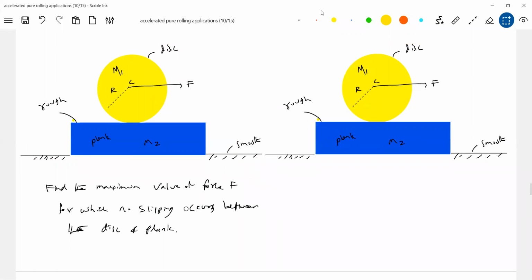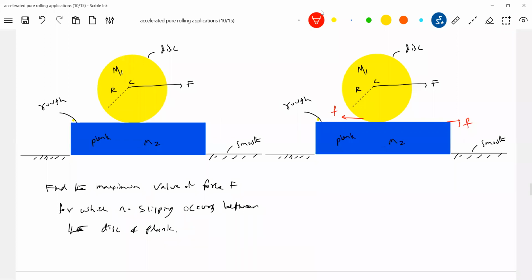How will the friction act? We know that we applied a force at the center of mass, so friction here will be like this.